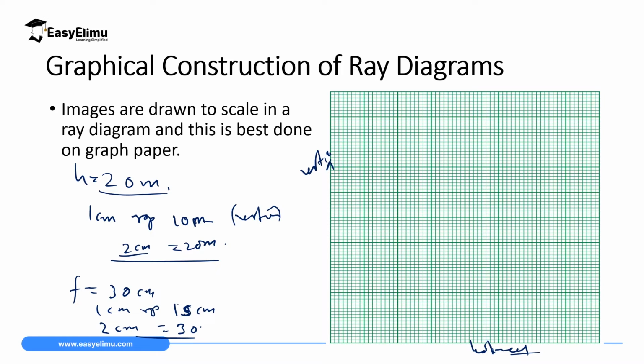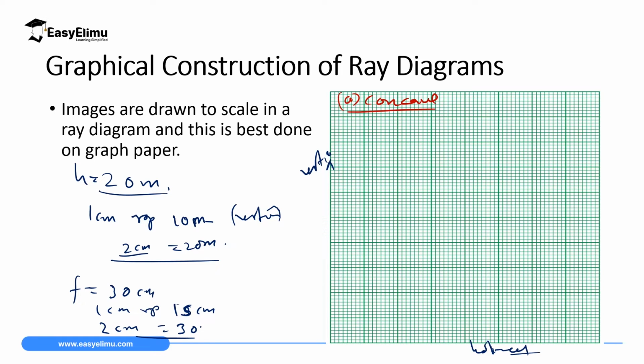Then another thing that you need to know is that for accuracy purposes, we draw all these diagrams on a graph paper. And before you draw them on a graph paper, you have to draw a representation of the mirror that you are using. If you have a concave mirror, we're going to begin with a concave mirror.